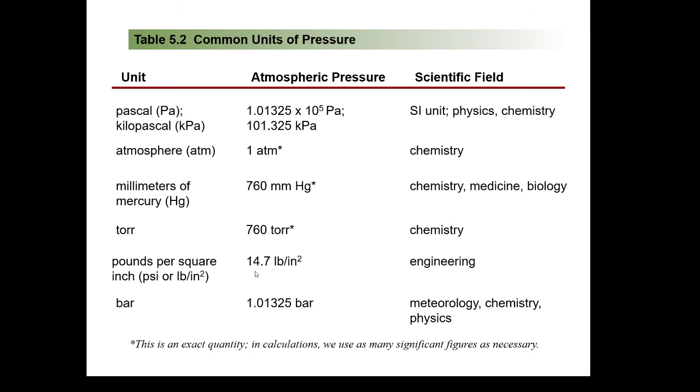PSIs, or pounds per square inch, is an engineering term. Your tires in your car, so if you go to fill them up at Sheetz or wherever, and they have the digital one and it beeps at 32, they're telling you your tires are 32 pounds per square inch. Filling your tires cold versus filling your tires warm makes a difference.